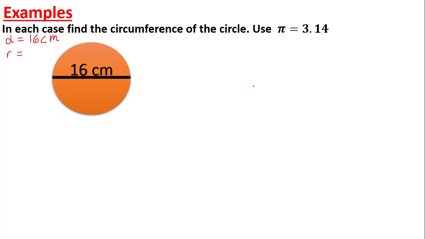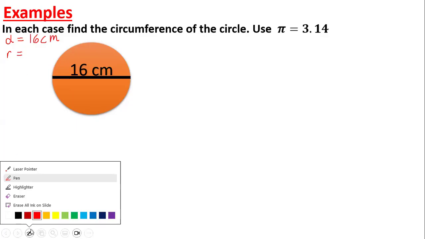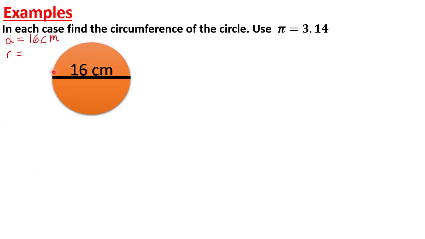Ronika, how are we gonna get the radius? What is the radius of this particular circle? The diameter is 16, but if we half it, what is half of 16?